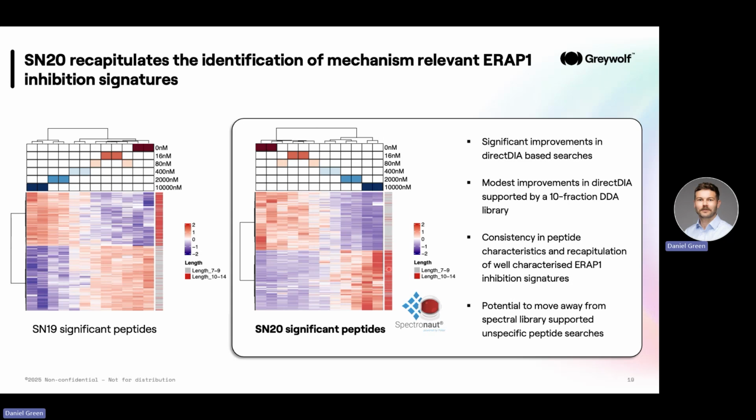But it does seem to be that that increase in library-free peptides both have consistency with Spectronaut 19 peptides, but also enable us to recapitulate biology that we know to be there and seem to be biologically relevant for the cellular system we're studying. So this really gives us the first bit of confidence about starting to think about the potential of moving away from the requirement of generating a spectral library for these experiments.